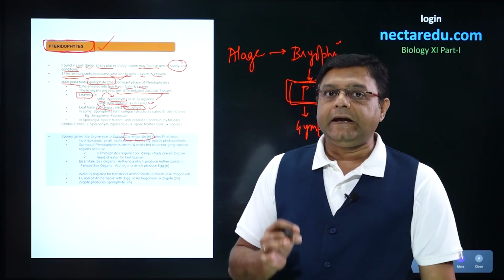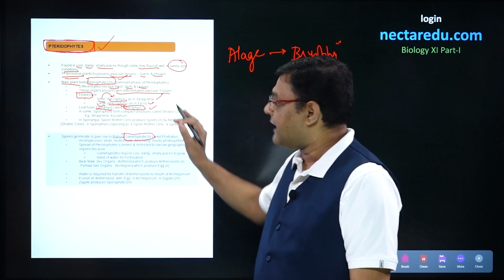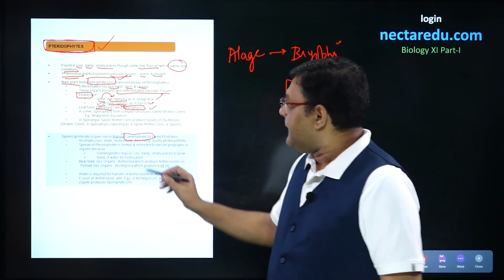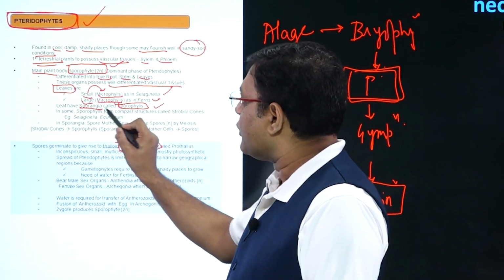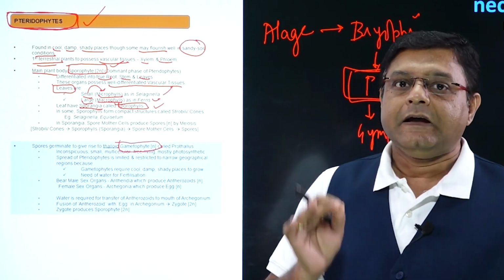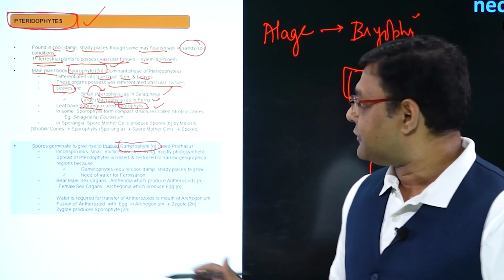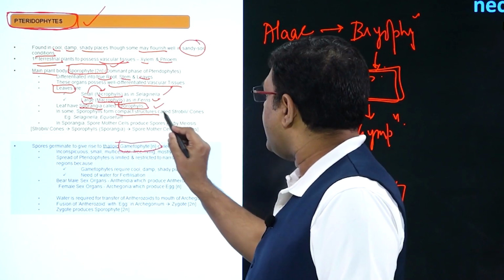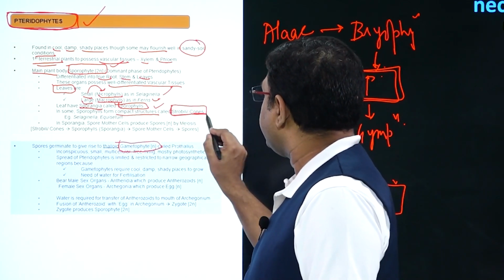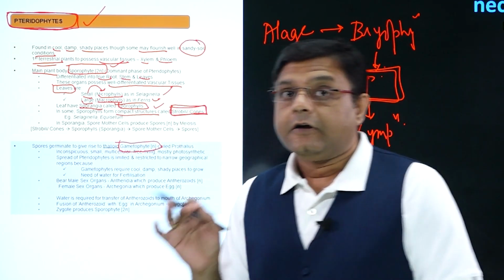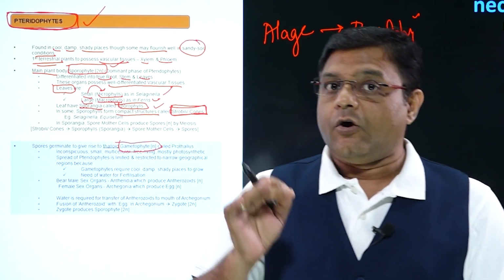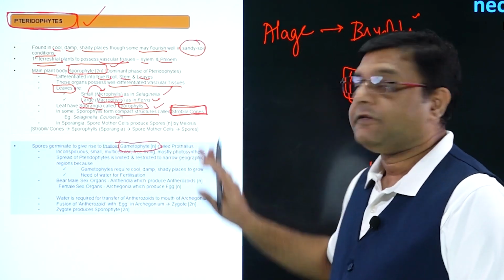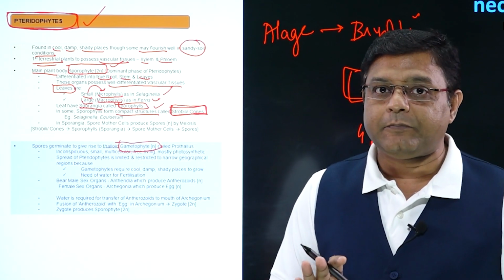Now, there will be some examples of pteridophytes in which these sporophylls or sporangia will form compact structures, and those compact structures will be called strobili or cones. So that means in all pteridophytes, these strobili or cones will not be present.